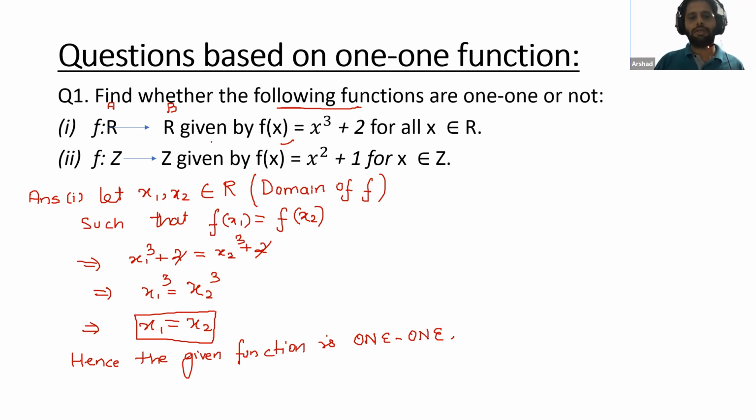So please note down this and then start in the same way the second part. Please tell me the second part, whether this is one-one or not.